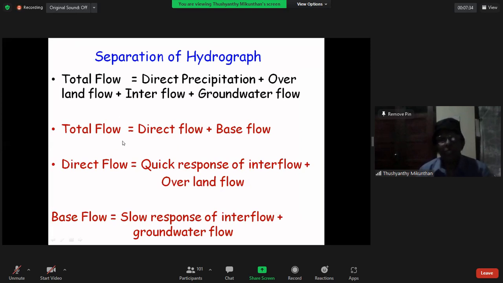Total flow is equal to direct flow plus base flow, because we can't separate these 4 components on the basis of the time of arrival to the stream. So we are only separating direct flow plus base flow. Then direct flow means quick response of interflow plus overland flow.